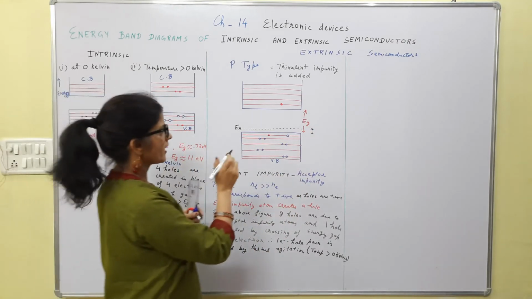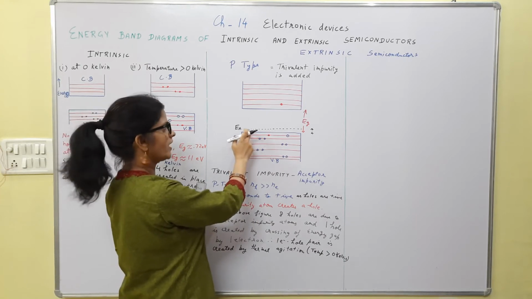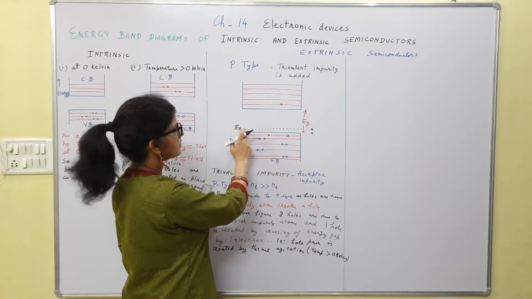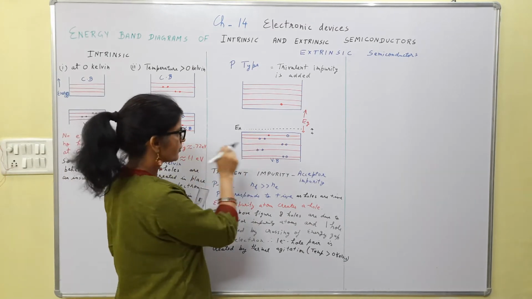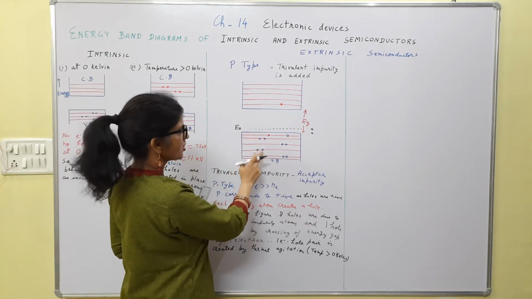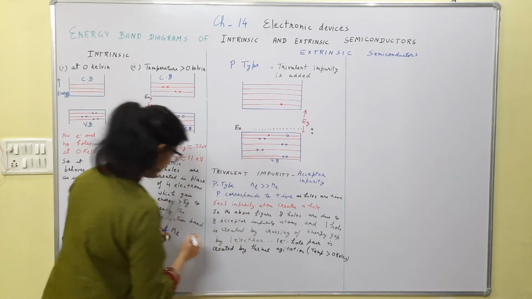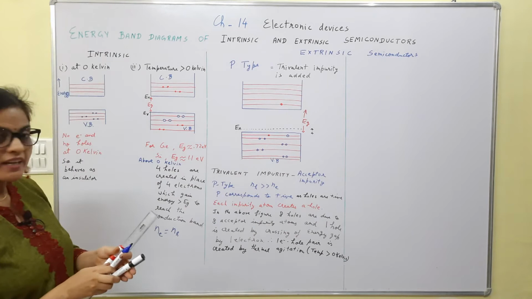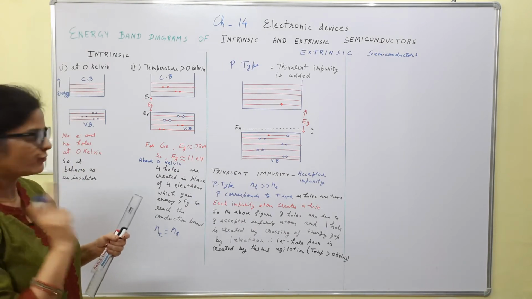So this energy gap can be easily crossed by the electrons in the valence band and they reach the acceptor level, creating a hole in its place. So that's why here mainly the conduction is due to the holes. Holes are easily created as the acceptor energy is very close to the valence band.